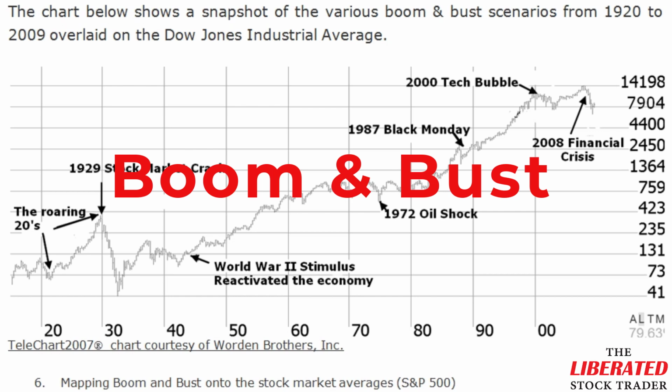The bust refers to the contraction of the previous boom, usually fueled by a significant economic or fundamental change in the criteria that fueled the boom in the first place.